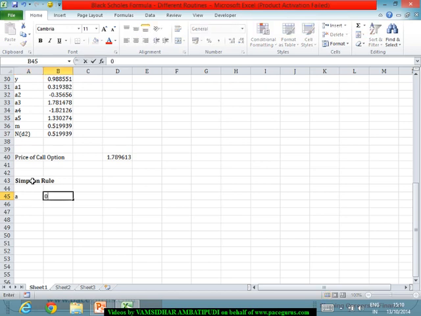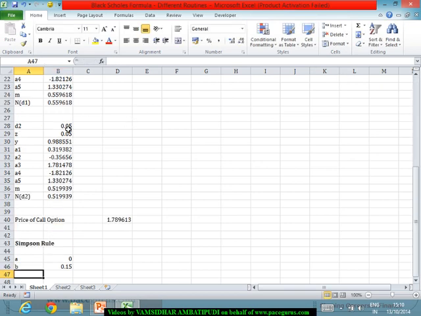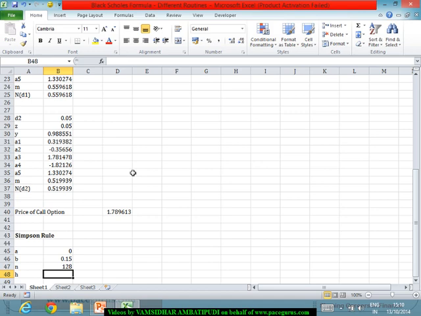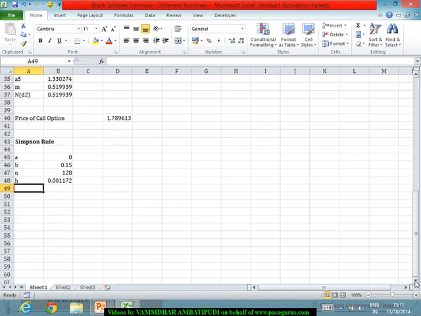So my A goes like 0, B goes with whatever is my D1 value. So I'm taking the D1 first of all, this as my D1. The number of intervals, I'll take it as 128, which means the size of each interval is B minus A divided by N. So using this, I am getting the size of each of the intervals, something like this.